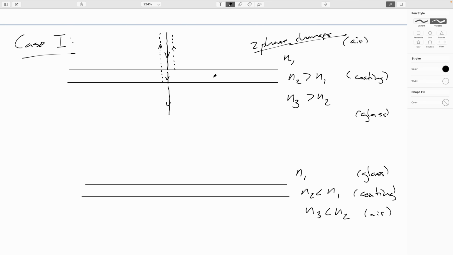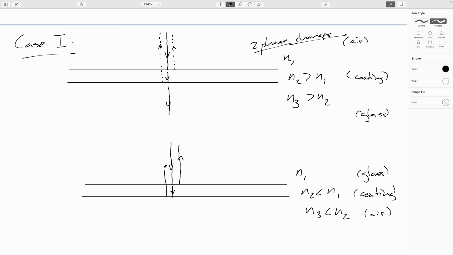So this would be the bit where you have the light entering one surface of the lens. This would be exiting the other surface of the lens. Well, in this case here, the incident ray will have a bit that's transmitted through and a bit that's reflected, but there will be no phase change here because you're bouncing off a lower index.